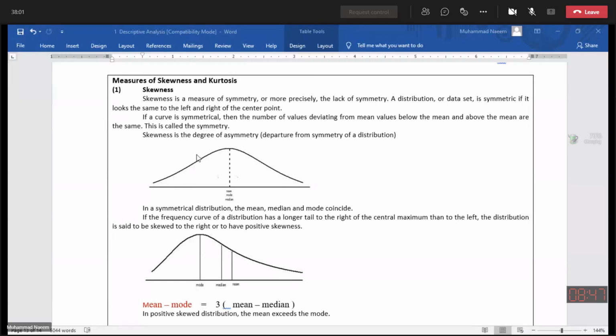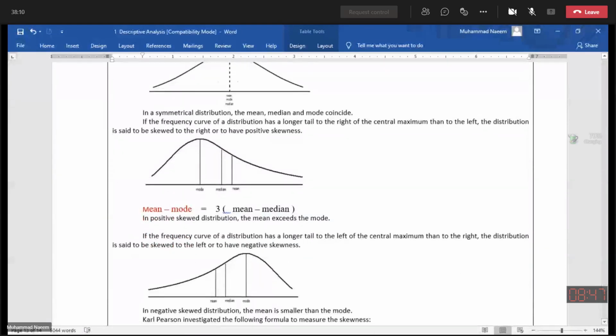Either it is with this shape or it may be like this, or it may be of this form. In this study, we have a certain advantage to describe our data.